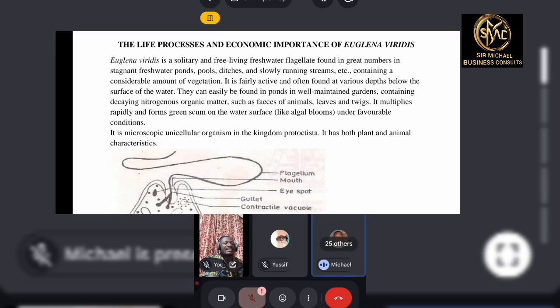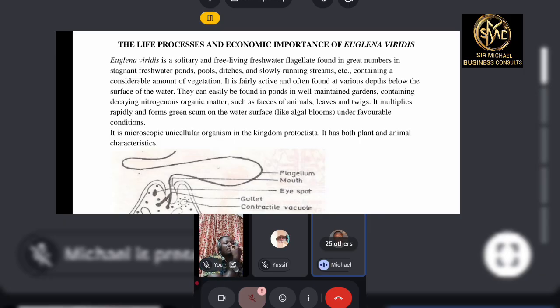So when it says a flagellate, it means it's an organism that has a flagellum. Based on that, in their classification, they are flagellates. Some are also biflagellate, and we will talk about such organisms, meaning they have two flagella.